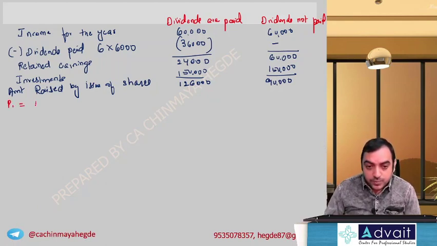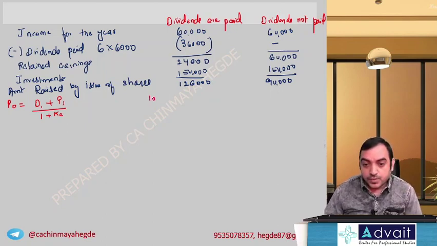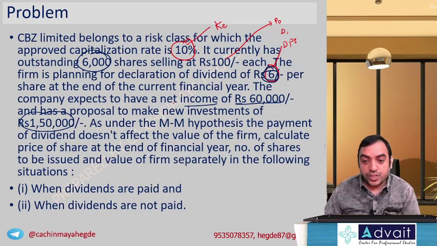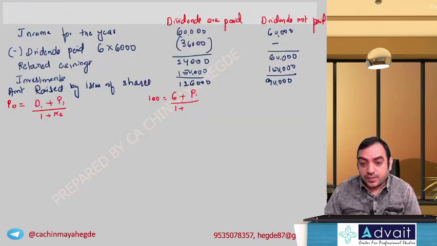P0 equals D1 plus P1 divided by 1 plus KE. So here P0, that is price today, 100, equals D1, dividend expected to be paid 6 rupees, plus P1 we don't know, we have to calculate, divided by 1 plus KE, cost of equity. How much is cost of equity? 10%, 0.1.